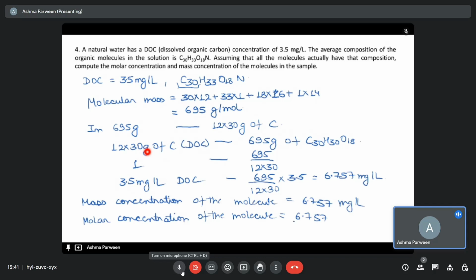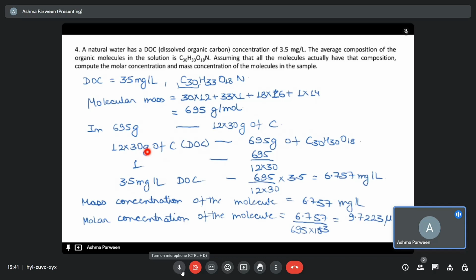We have calculated the molecular mass, that is 695. So to convert into milligrams, sorry, it will be 9.7223 micromolars. So this is the mass concentration and molar concentration of the molecule.